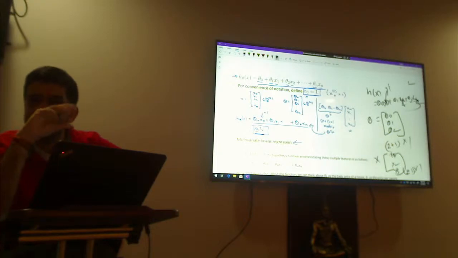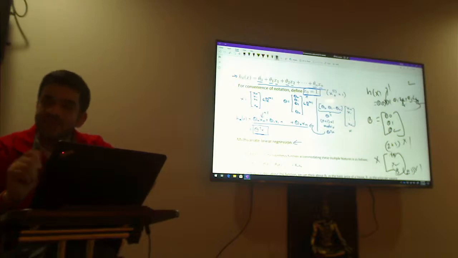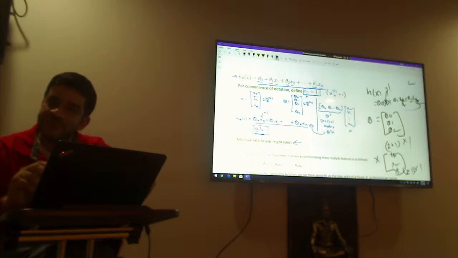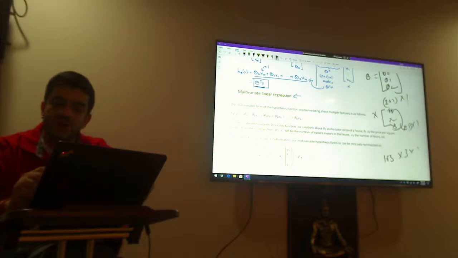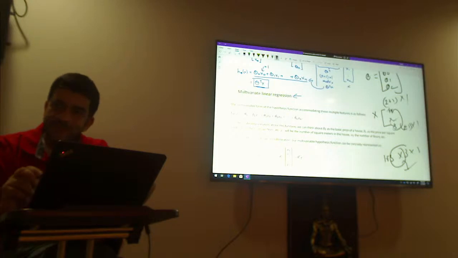If you want to multiply two matrices, the columns of the first and the rows of the second must be the same. So can you multiply these two matrices together? If I reverse one of them, then I can multiply. If it is 1 by 3 times 3 by 1, the resultant matrix is a 1 by 1 matrix.